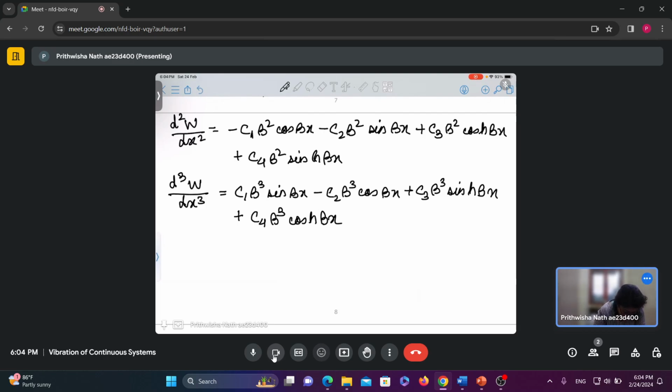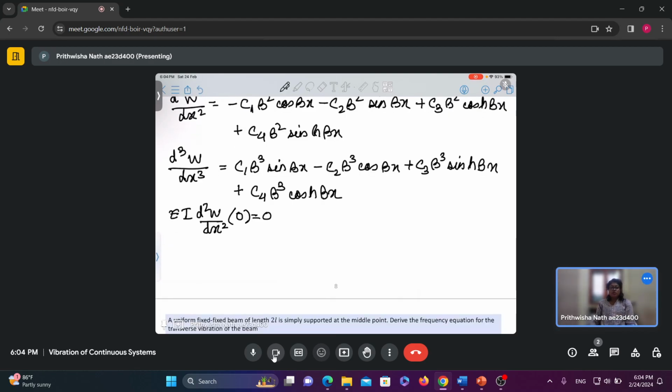Now I can use this condition to find my constants. Now I substitute 0 in the equation.